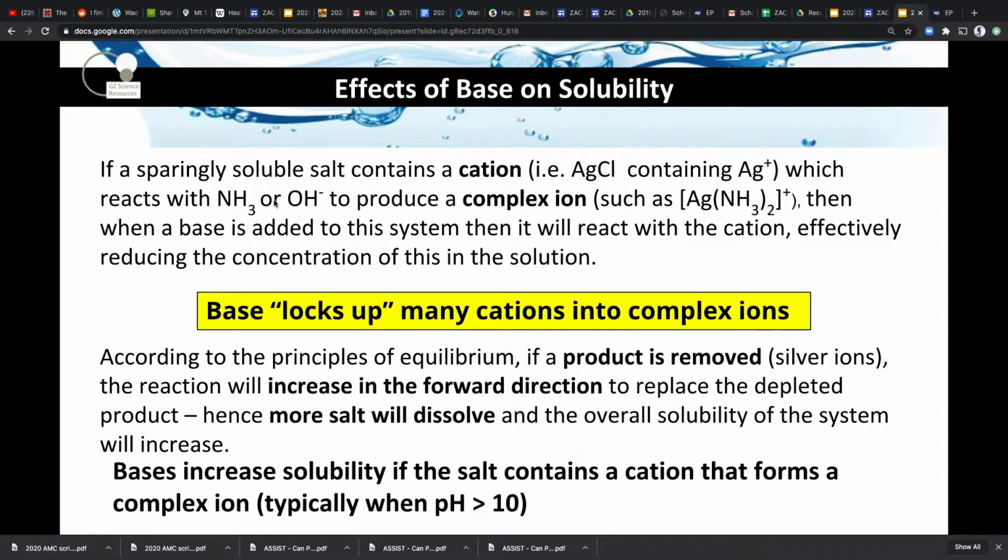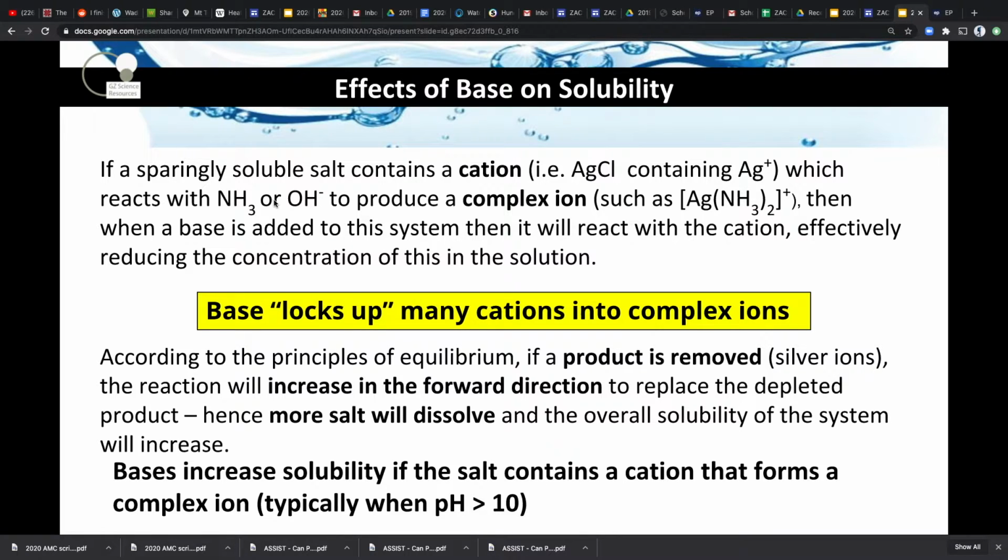So when a base like ammonia is added to this, it will react with the silver cation, therefore reducing the concentration of that ion in the solution. And what does that mean? Which way will equilibrium shift now that that silver ion's been consumed a bit? Yeah. Should dissolve more. More of the solid should be able to dissolve to replace that free silver ion, right? Because it's been used up. It's locked away in the form of a complex ion.